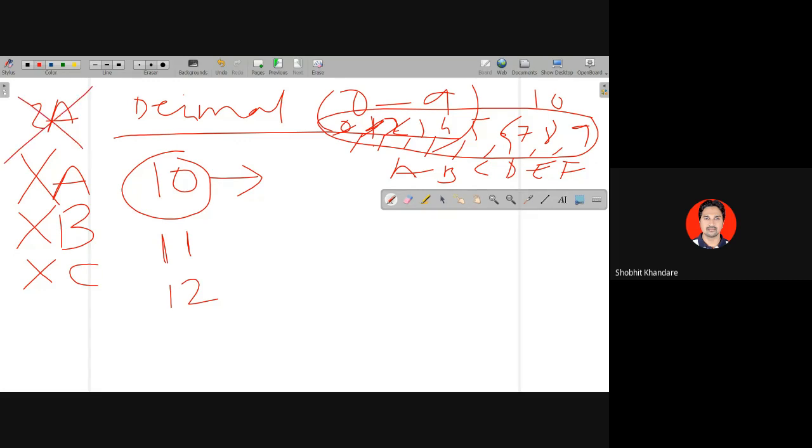So 10 decimal right, 11 decimal right, 12, 13, 14, 15, 16, 17, 18, 19, 20, 21, 22, whatever you take. So any number you take, which is from this pool, then those numbers are a decimal number. I hope you have understood now. Yes, sir. Yes, very good.